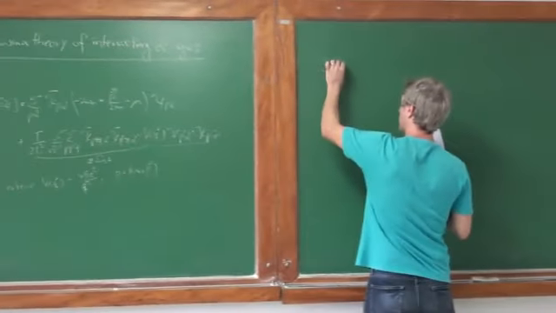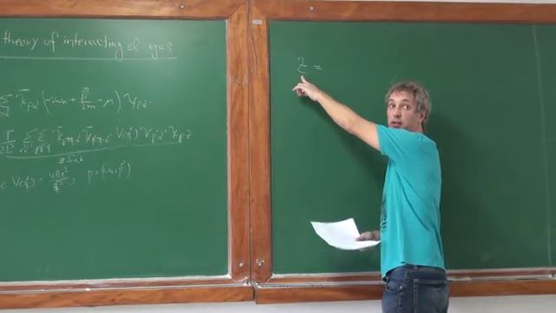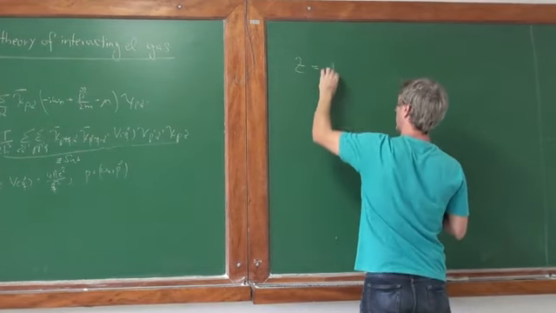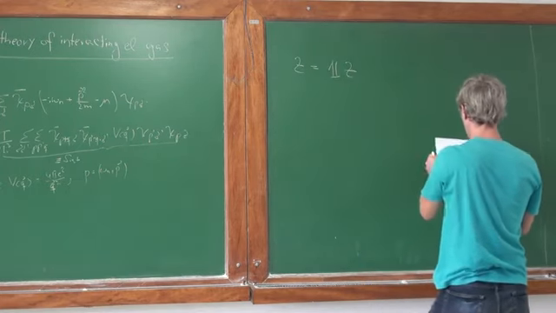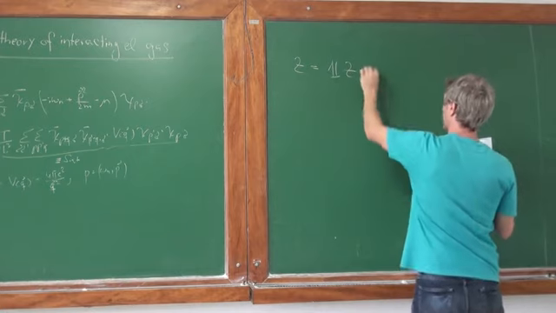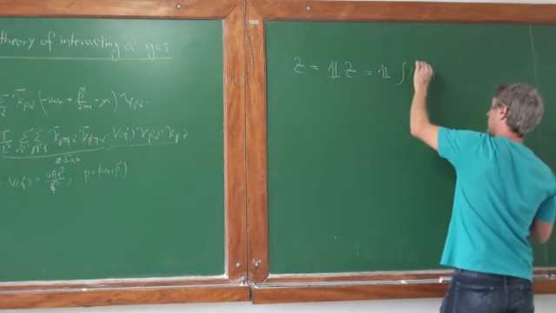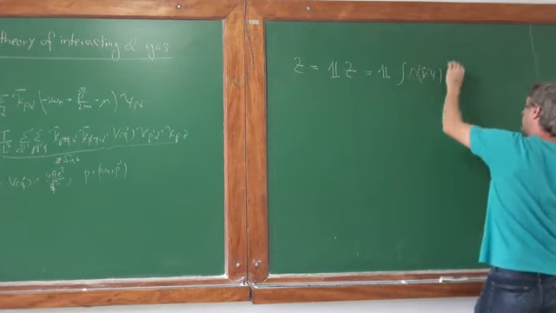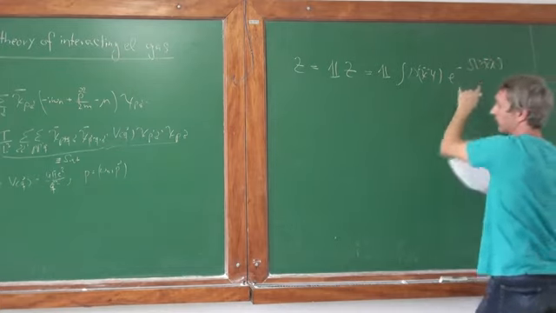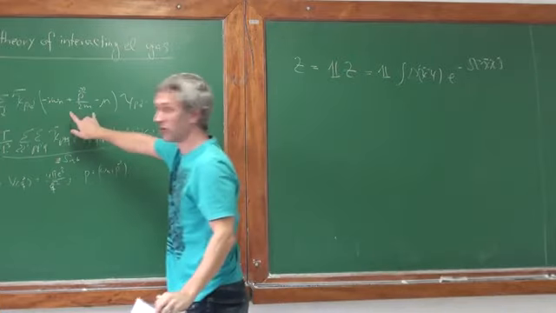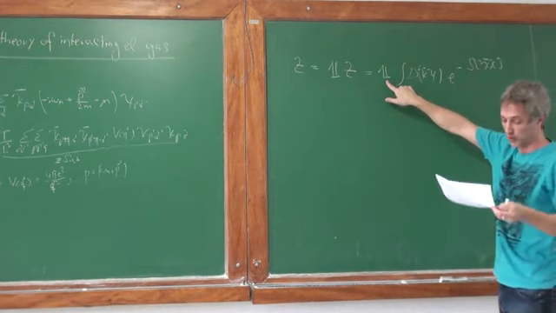The partition function we started out from is the partition function in terms of a field integral over the electrons. So we multiply this now by the 1. So this is 1 times the integral over c, c bar, e to the minus S of c bar c. This is what we always considered. This is the action of the interacting electrons, and we just multiply it now with this representation of the unit operator.